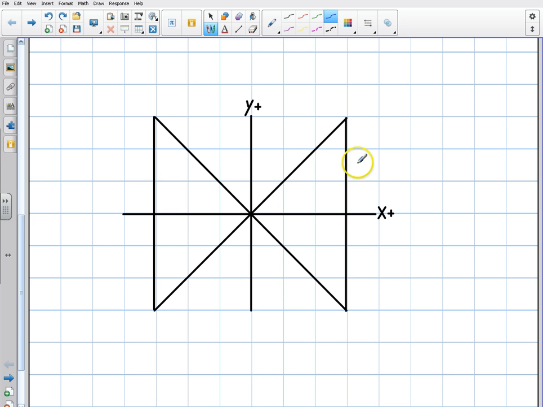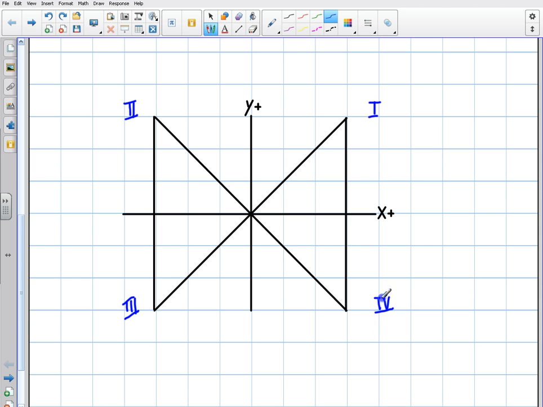Okay, so typically we would say that this is quadrant number 1 right here, this one over here. This is quadrant number 1. This is quadrant number 2. This is quadrant number 3. And this is quadrant number 4, like this.